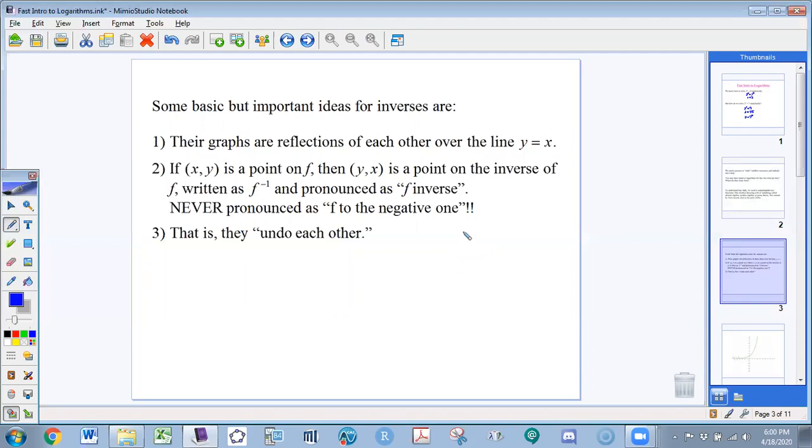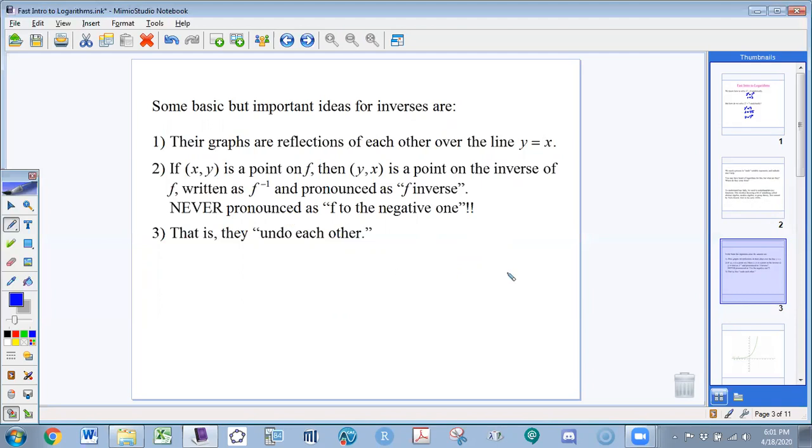We write that as f with a little -1 as if it's an exponent, but we pronounce it as f inverse. We absolutely never, ever pronounce it as f to the -1. You can say the inverse of f or f inverse. Basically, this says that inverses undo each other.